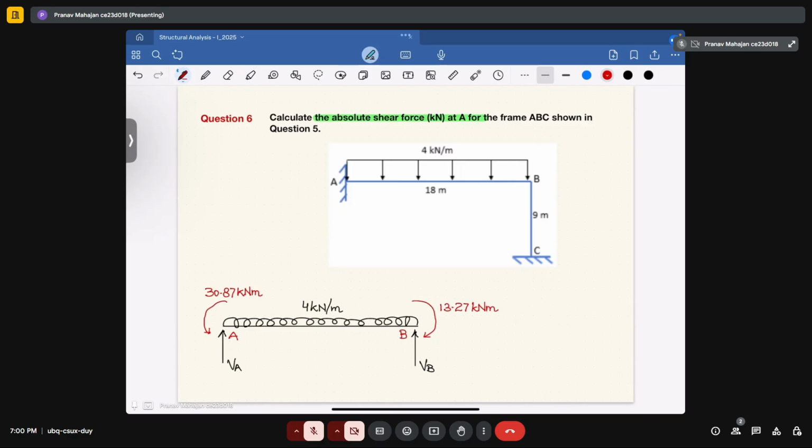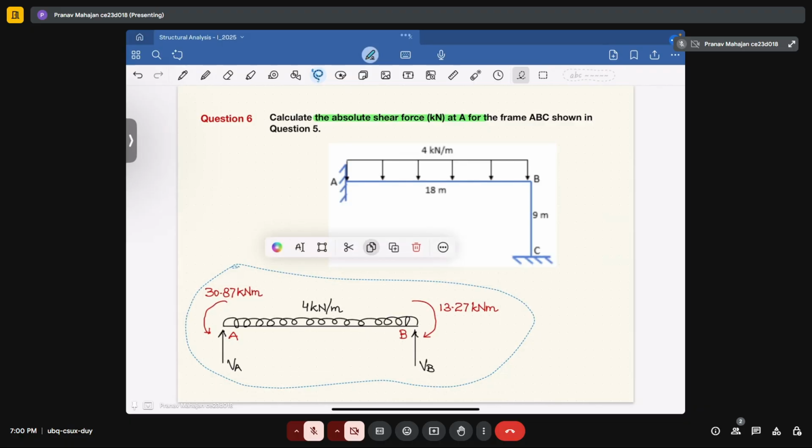Now what is expected of you? Calculate the shear force at point A. So for that, we will use the summation of moment about B equal to 0.